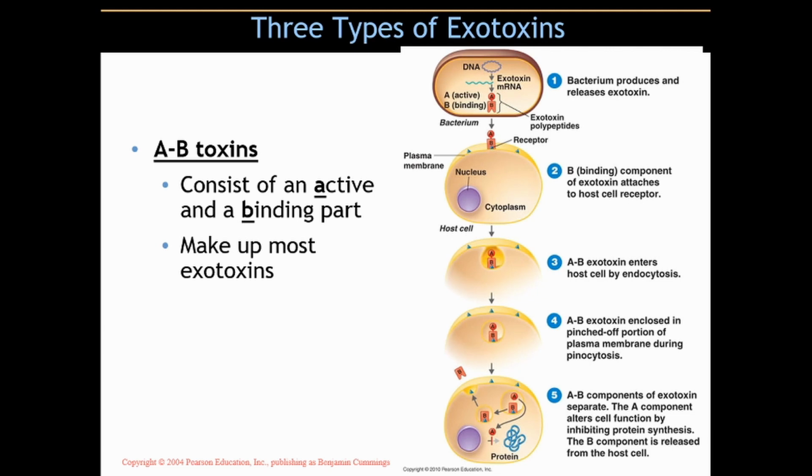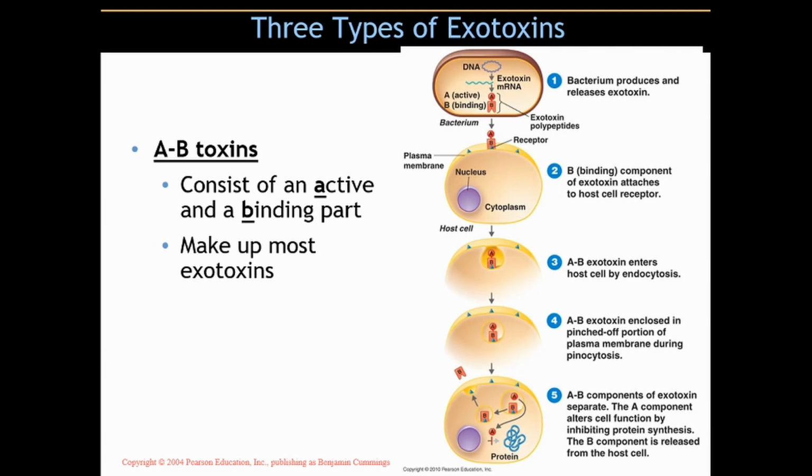And the A component alters cell function by inhibiting protein synthesis. The hypothesis is that the A part interferes with translation at the ribosome. And it appears to be that way. In some cases it looks certain, and in other cases it's still questionable and up for more research.